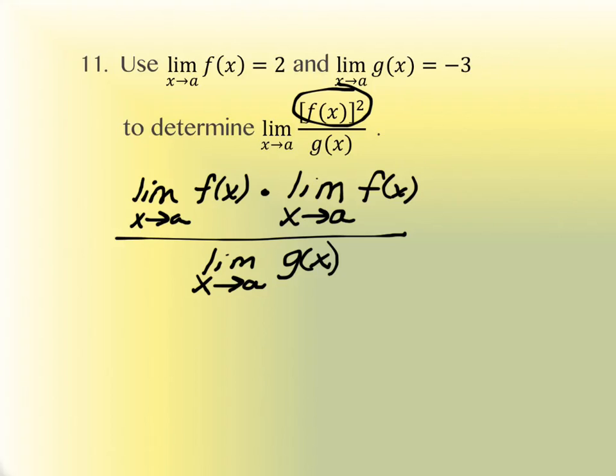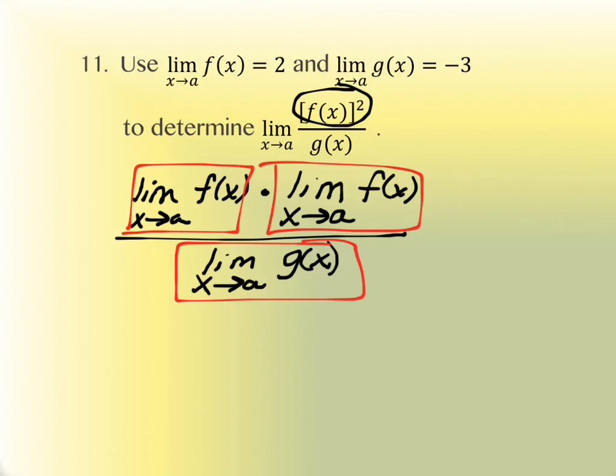Because theorem 3.1 said I can. That's what allows me to do that. And the reason it matters is because then each of these values individually, you have a value for. They were given to you up here.